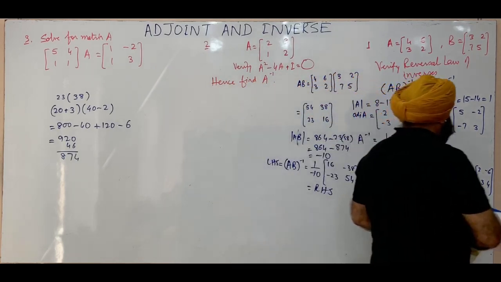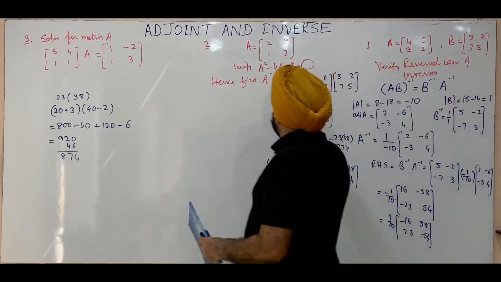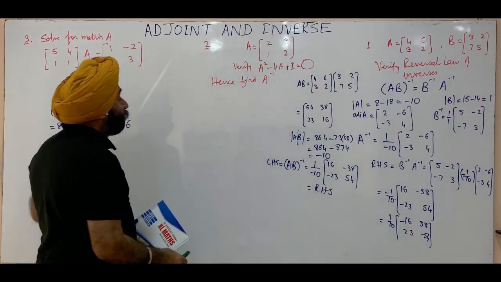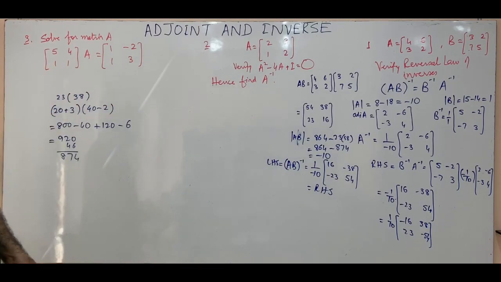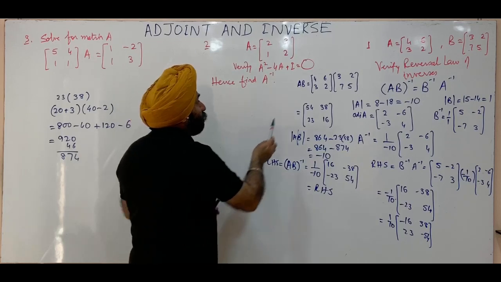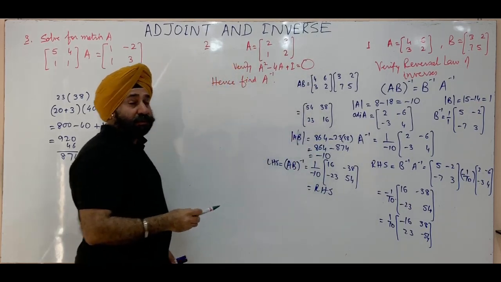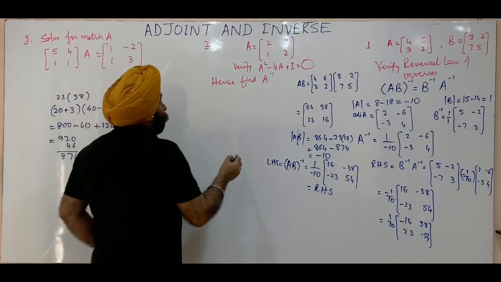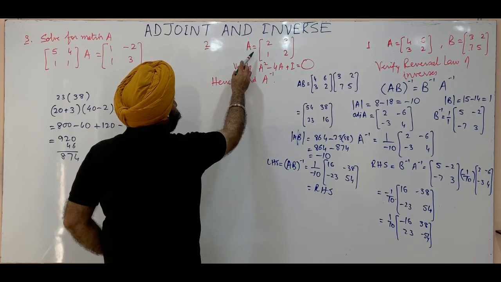Next, we are given matrix A. We have to verify a result. A square minus 4A plus I is equal to, this is null matrix O, this is not 0. Let's find out A square.